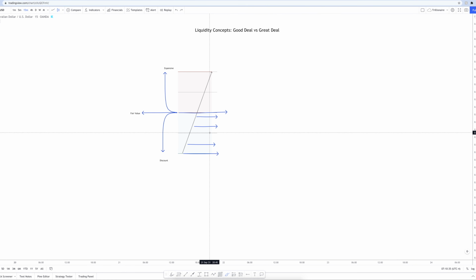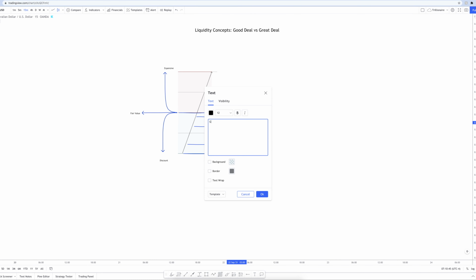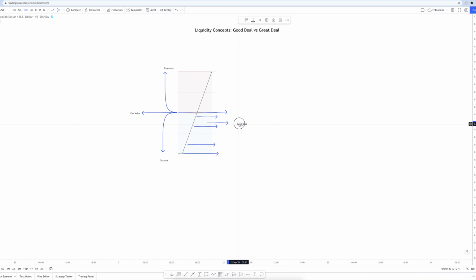The top 50% of your overall discount zone is going to be considered a good deal. This is an area that it's decent to take trades from. You will get a very good deal if you do take buy positions above 50% of your order block, and you can be very successful and have a very great strike rate.